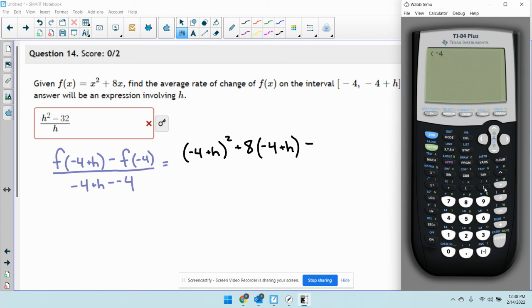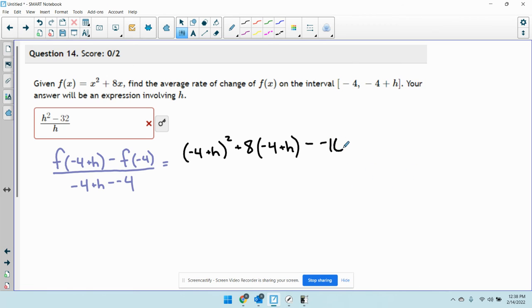Always do parentheses when you're squaring negatives because the calculator doesn't really follow order of operations. So we have negative 4 squared, which is positive 16, plus 8 times negative 4, which is minus 32. So we get negative 16.